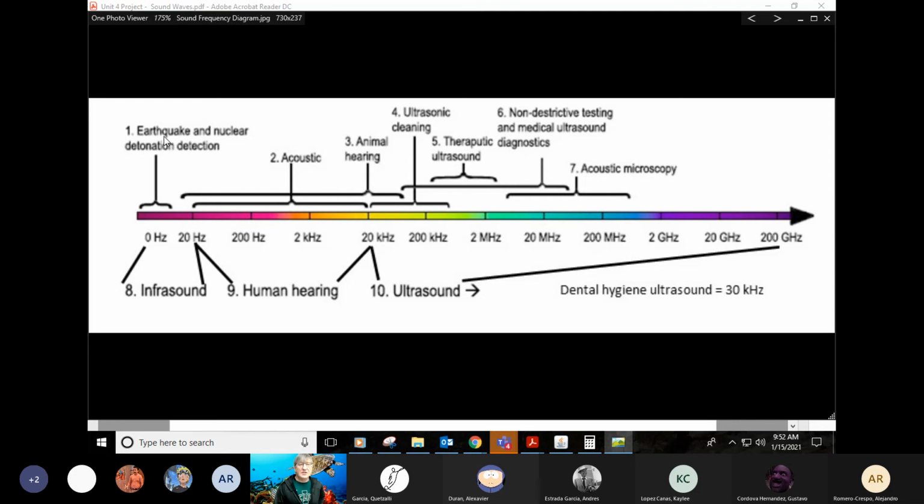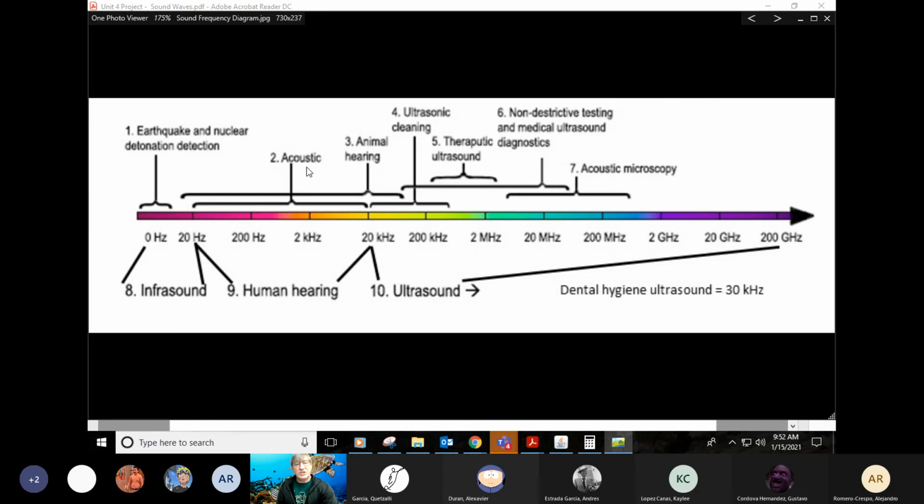We can recognize if someone has detonated a nuclear bomb and tested it underground. Even if you couldn't see the mushroom cloud, we could still tell that they set it off because these really slow vibrations get picked up by a seismograph.